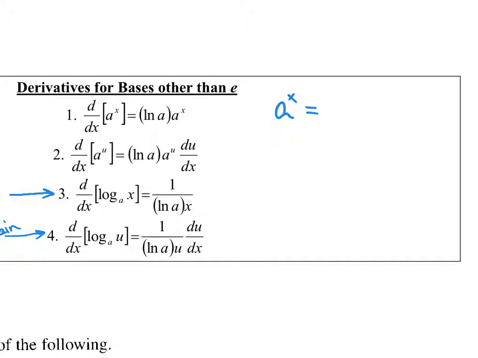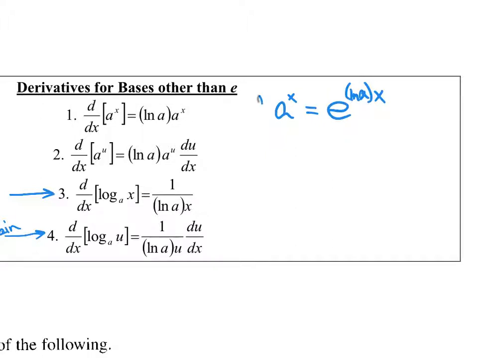It's e to the ln of a to the x power, which is e to the ln of a times x. Once you rewrite it like this, you know how to do the derivative of that. That's simply chain rule.